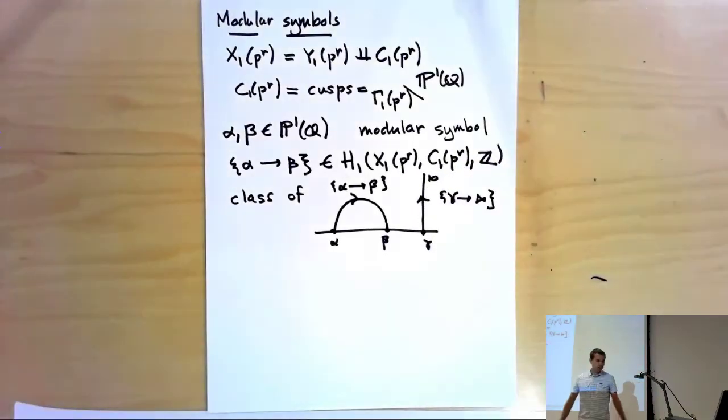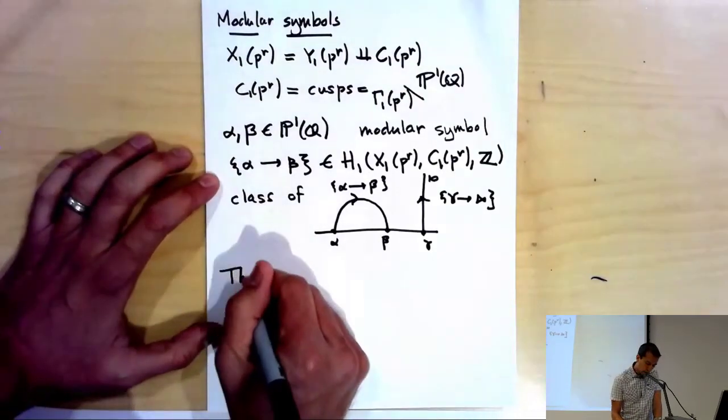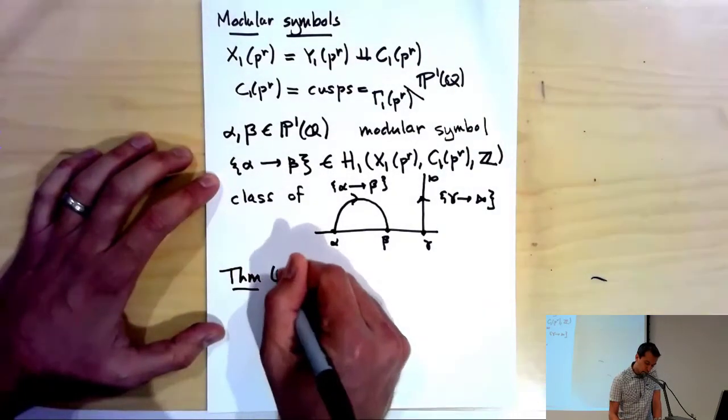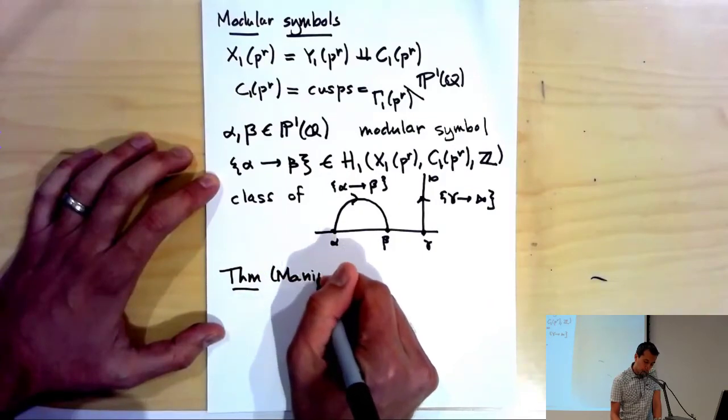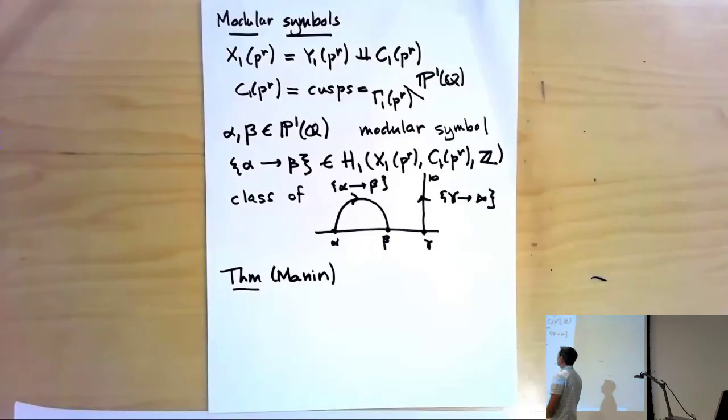Okay, so these things generate this relative homology group, and in the 70s, Manin proved, gave a nice presentation of this relative homology group on some of these modular symbols. Let me tell you which ones.